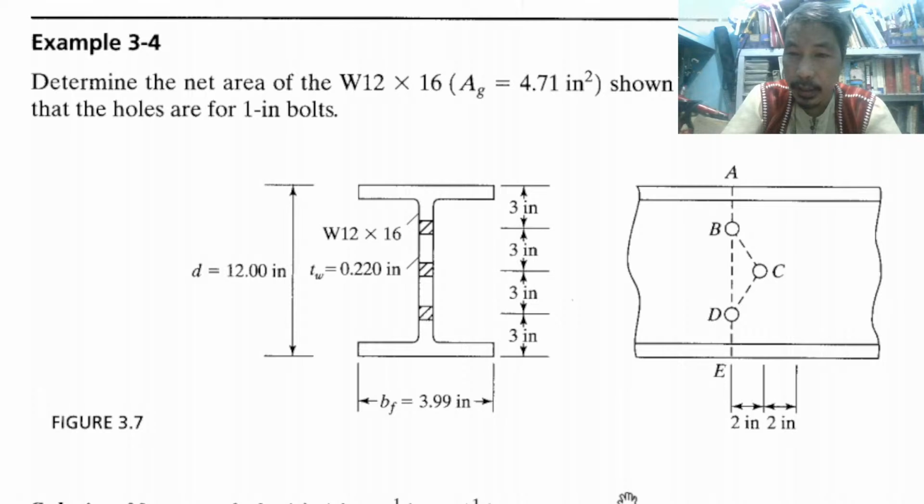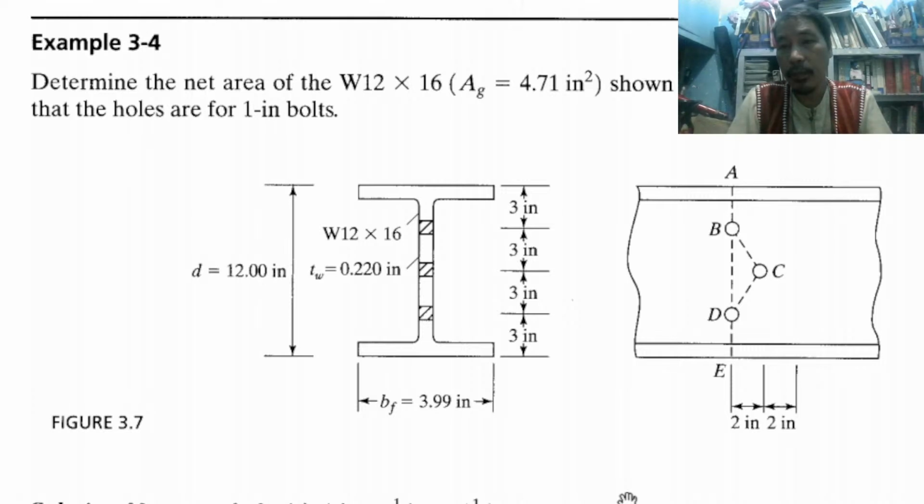Plus 1/8 inch. From the code, it is 1/16 to 1/8, and this author is using 1/8 as a clearance. Okay? So that is for the normal operation of making a hole.